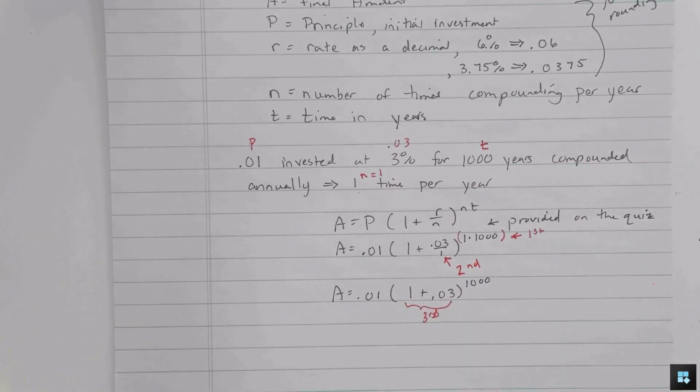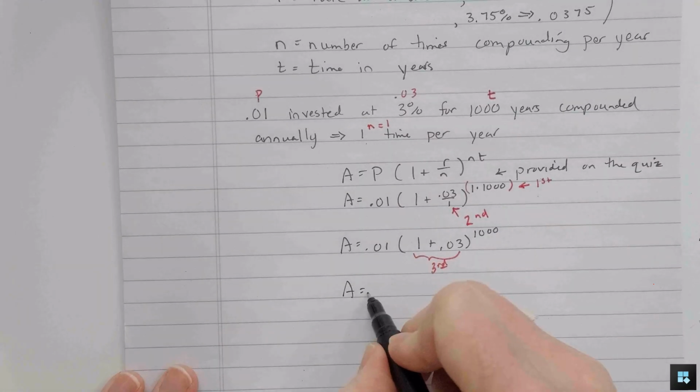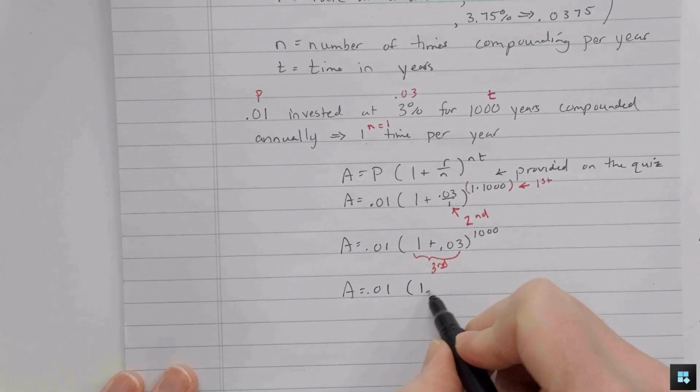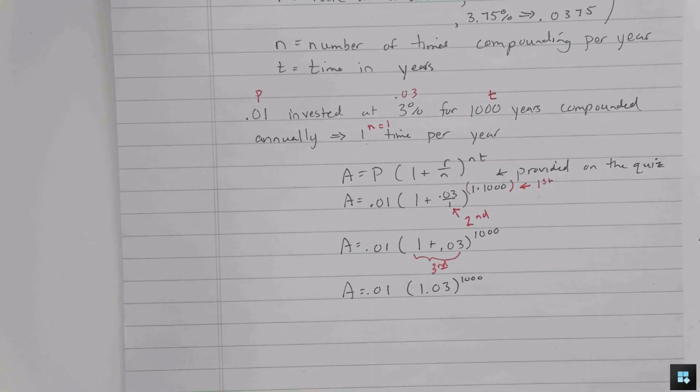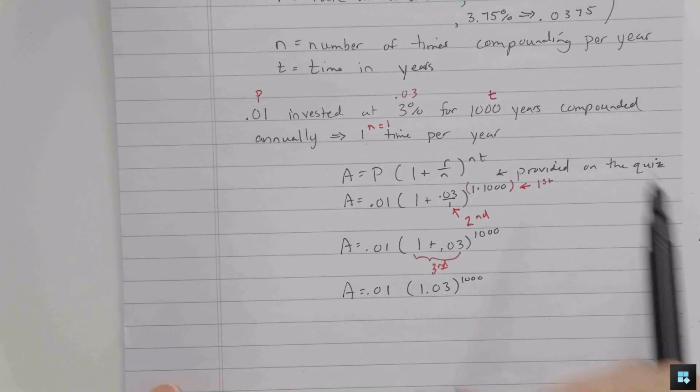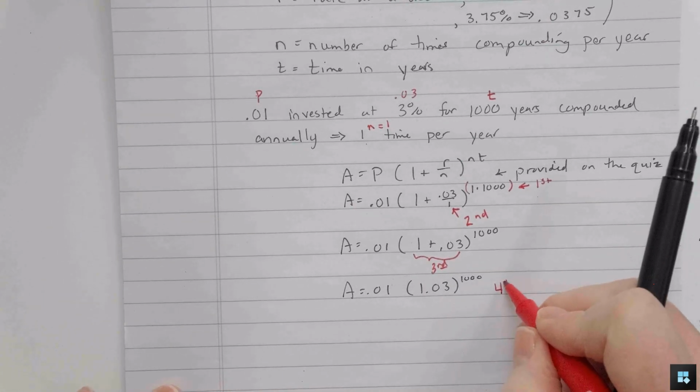Okay, we need to add up what's inside the parentheses. So 1 plus 0.03 is 1.03. Fourth is the exponent.